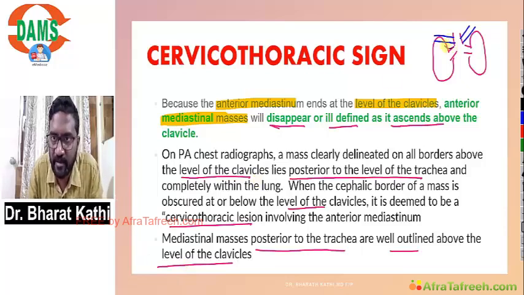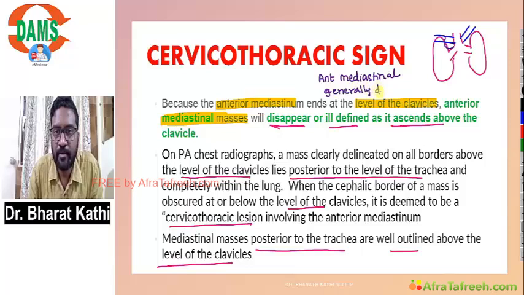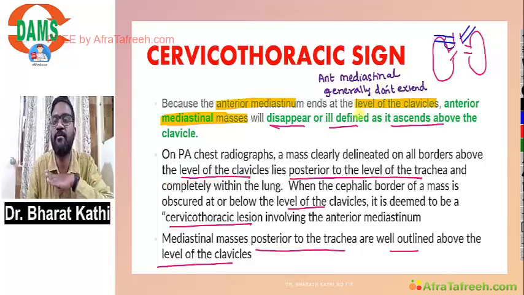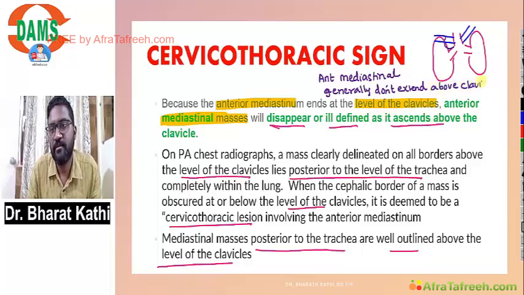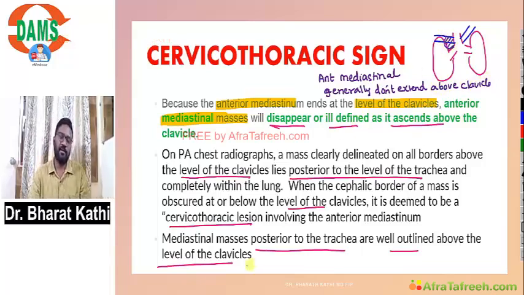If it belongs to the anterior mediastinum, it generally does not extend, and on a chest X-ray you will not find it above the clavicles, because the anterior mediastinum is only up to the clavicles. So if it is an anterior mediastinal mass, it will appear just like this.